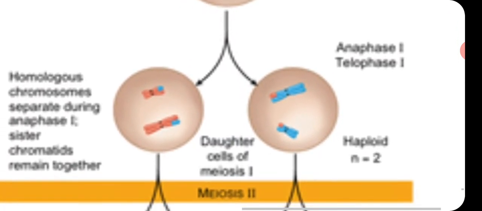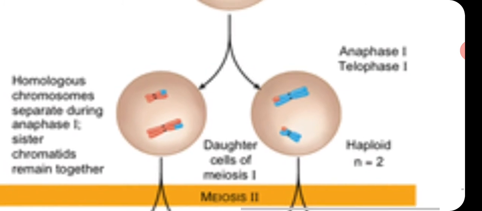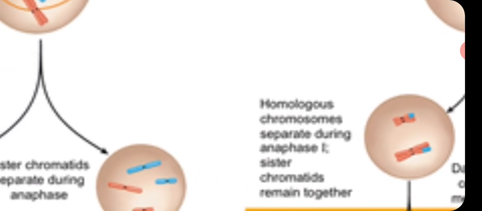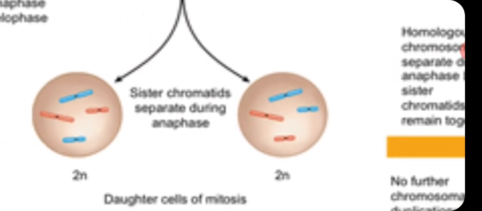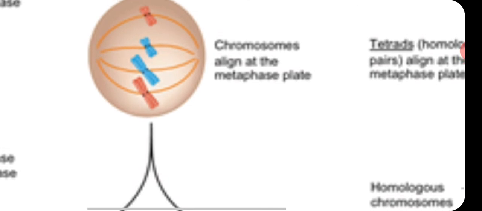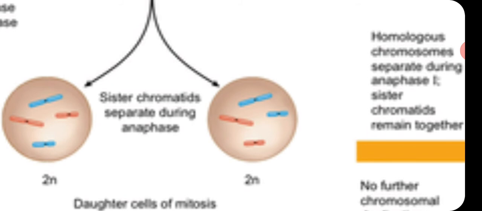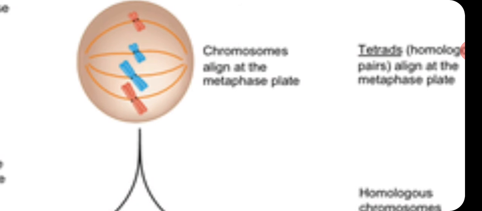The blue chromosomes are separated into one nucleus, the red and orange chromosomes into another nucleus. Both the chromosomes have exchanged their genetic material, that is crossing over. But in mitosis, you see two daughter nuclei, each containing four chromosomes. What is happening here? The chromosome splitting.